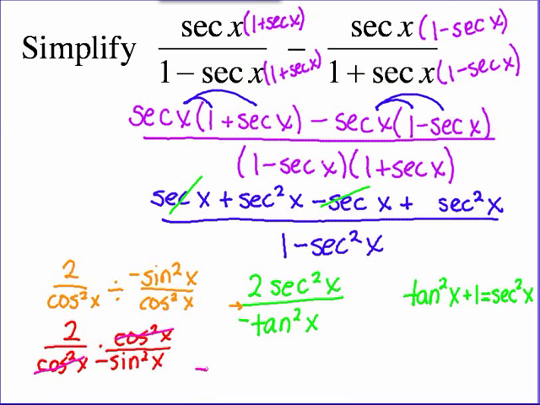Cosecant. So negative 2 cosecant squared x. How'd you get the negative sine squared to cosecant squared? If you're wondering, the negative sign is in the bottom, 1 over sine is cosecant. So 1 over sine squared would be cosecant squared.